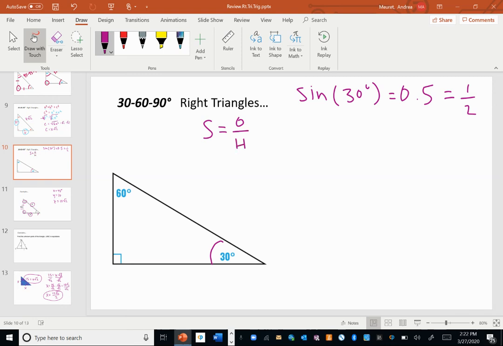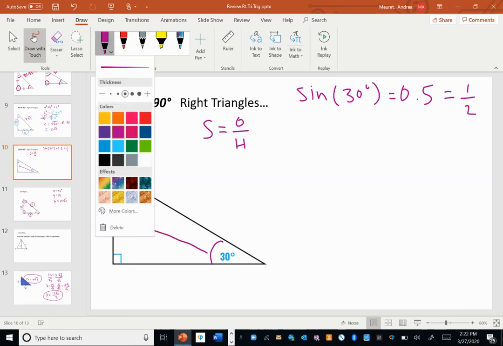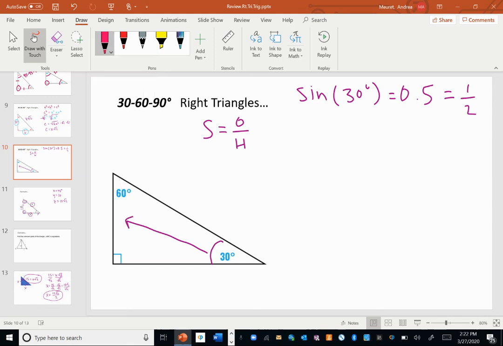So the leg opposite the 30-degree angle is here, and then the hypotenuse is opposite the 90-degree angle. So if this is equal to 1/2, then that tells me that if this is a 1, then this is a 2. So that short leg in a 30, 60, 90-degree right triangle is actually half the hypotenuse.